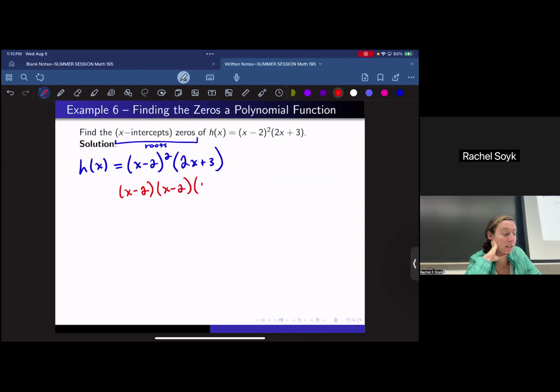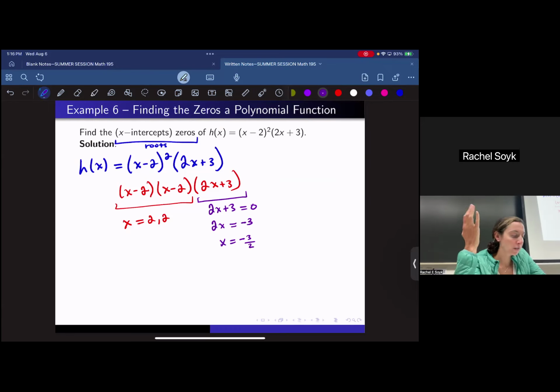So we have a multiplicity of 2 taking place here. Over here, we have x is equal to 2 twice. And then with the 2x plus 3, when we set that equal to 0, we end up getting that x is equal to negative 3 over 2.